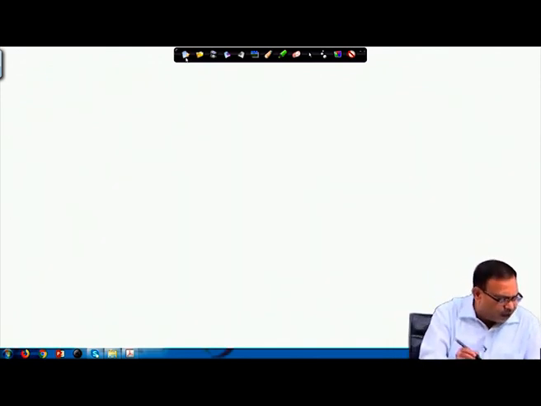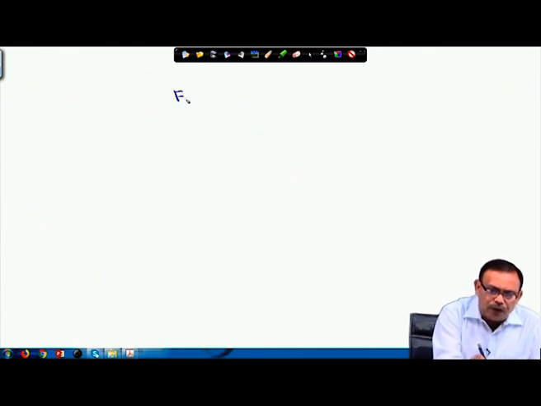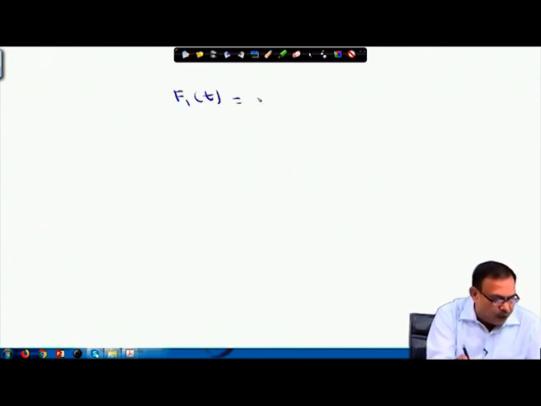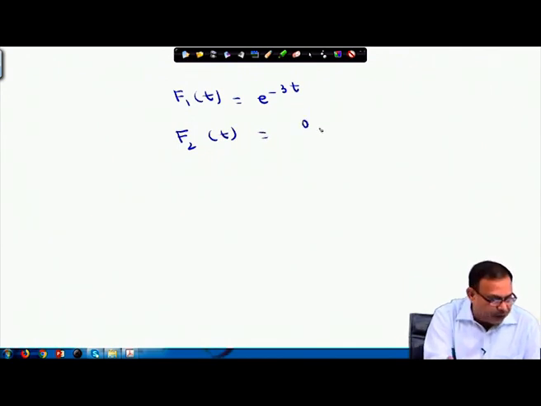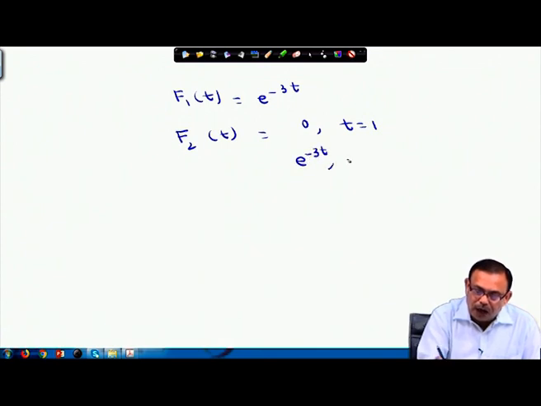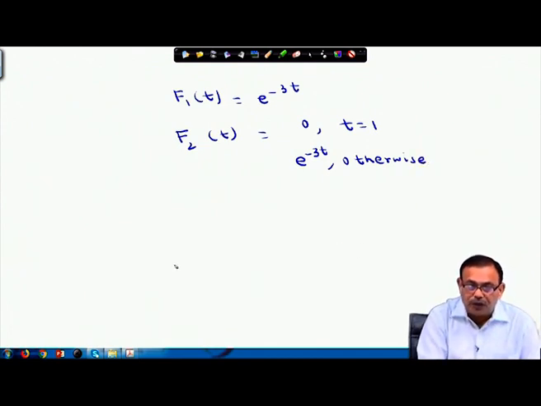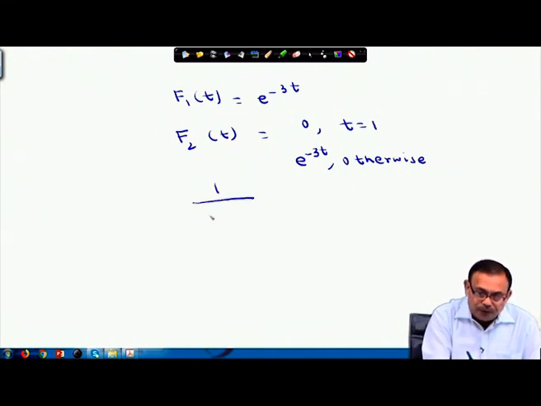Just like if you consider a function f1(t), this is equal to e to the power minus 3t. You consider another function f2(t), which is equal to 0 at t equals 1 and e to the power minus 3t otherwise. If I take these two functions and you try to calculate the Laplace transform of these two functions, you will find out that the Laplace transform of both are the same.